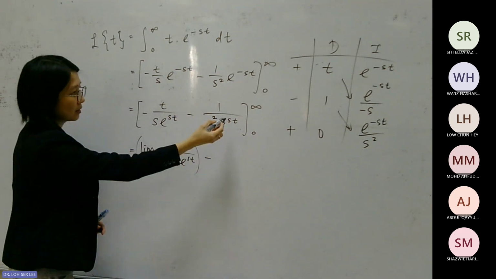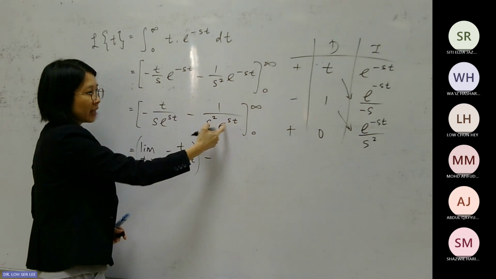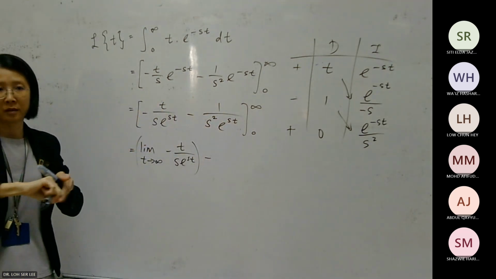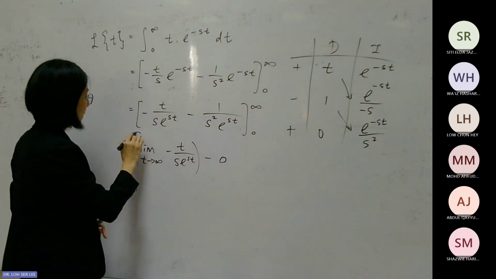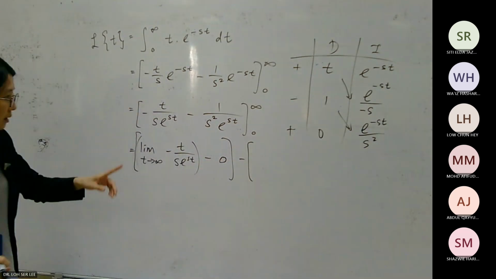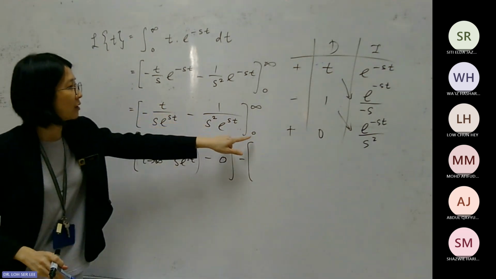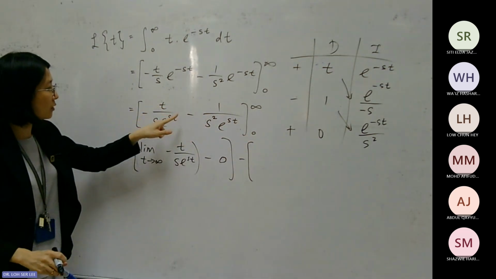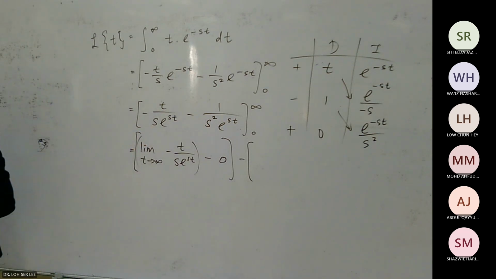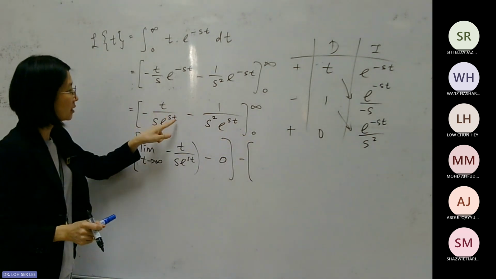Minus. Now substitute infinity into this t. You have e to the infinity, that's infinity, and 1 over infinity is 0. Minus. Now we substitute 0 into t.